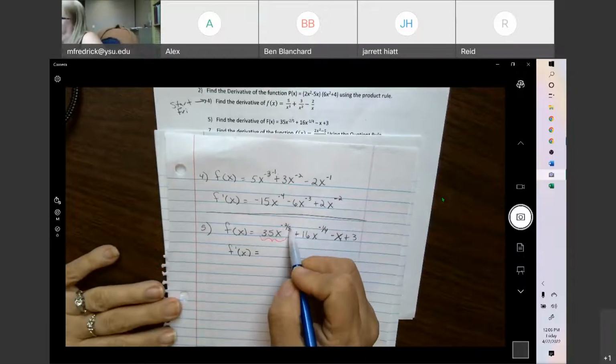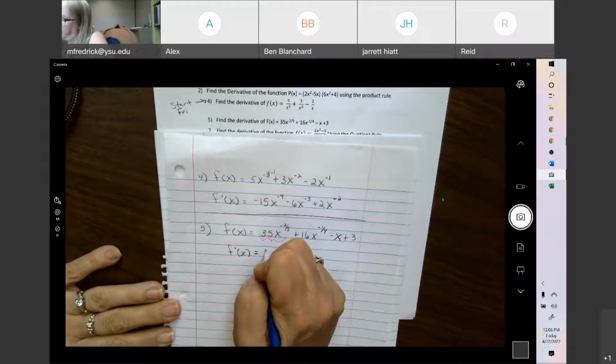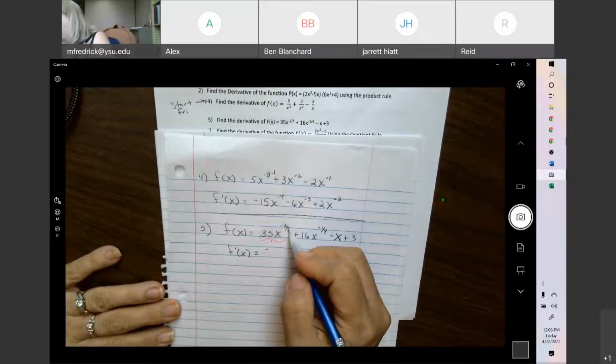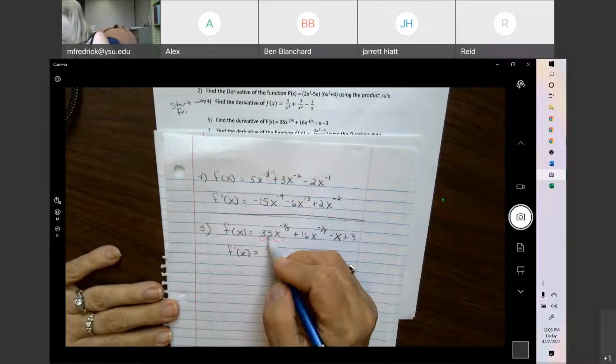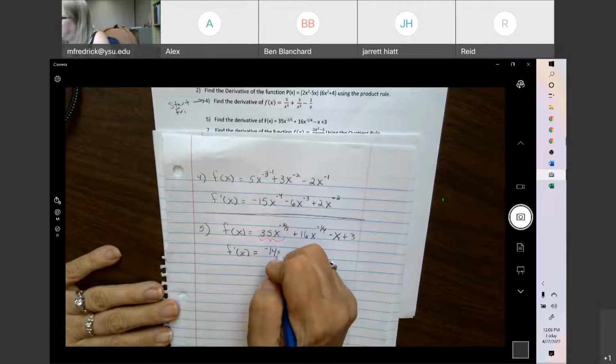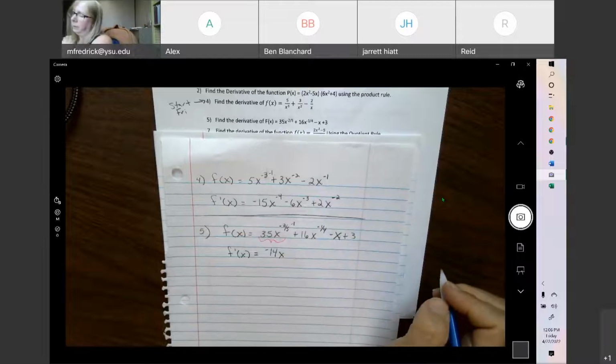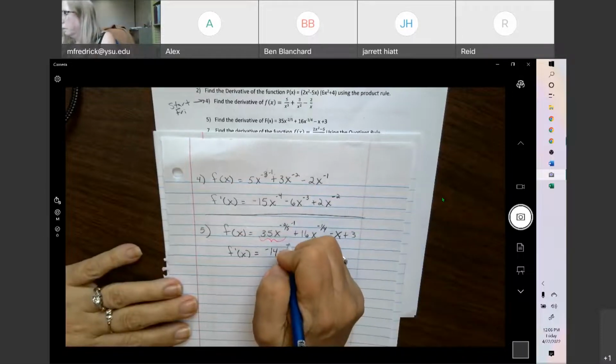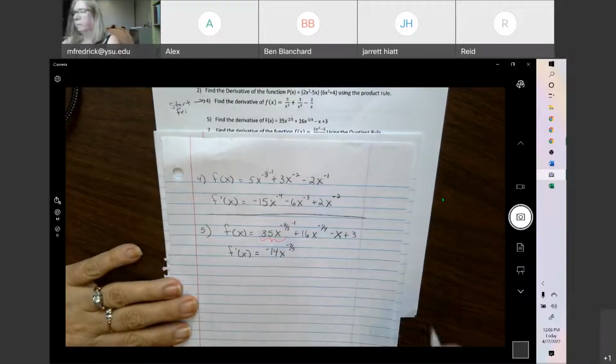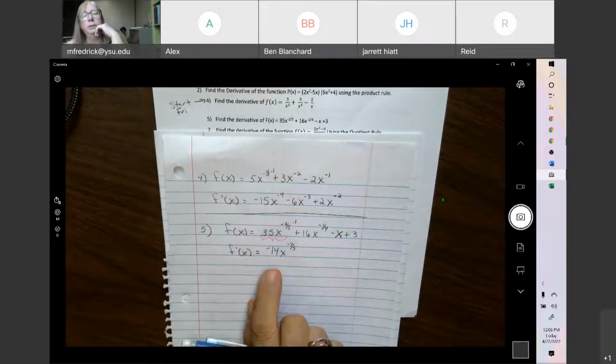We take a negative 2/5 times 35 and you get a negative 5 will divide into 35 7 times, so a negative 14x, and then subtracting 1 would be a negative 7/5. Any questions on that?